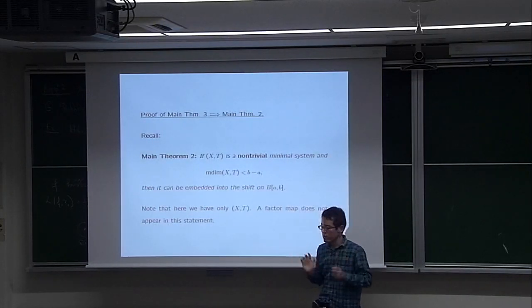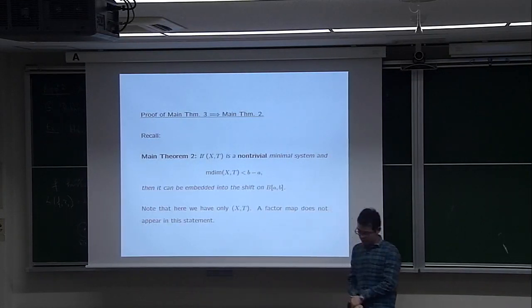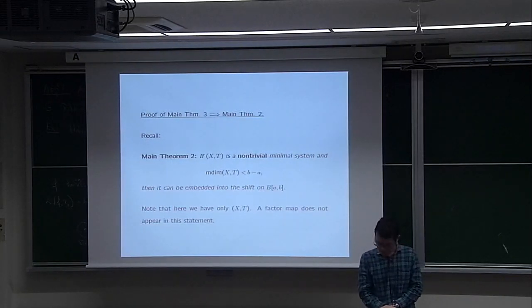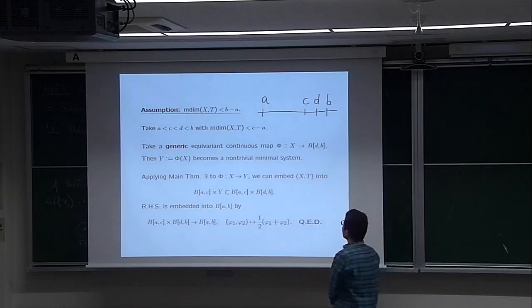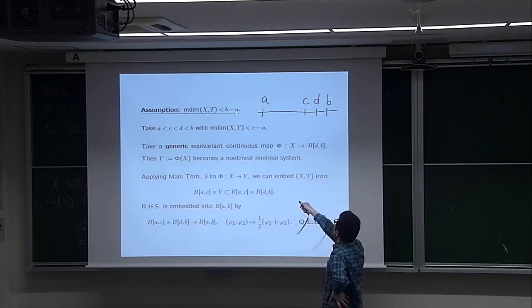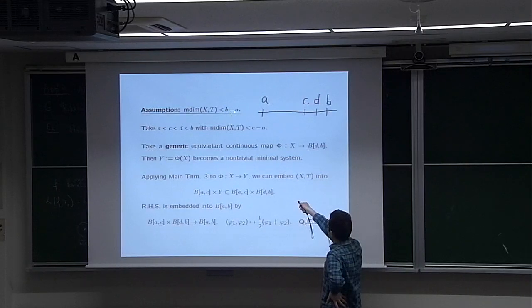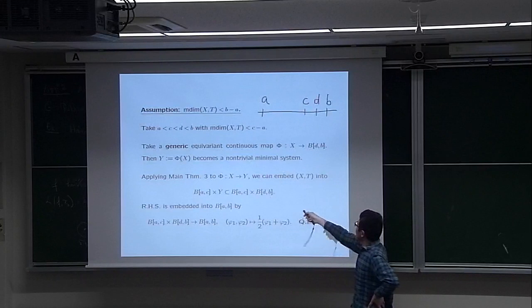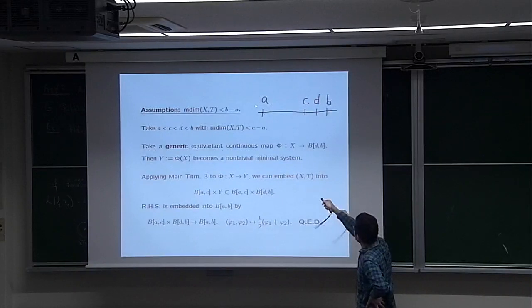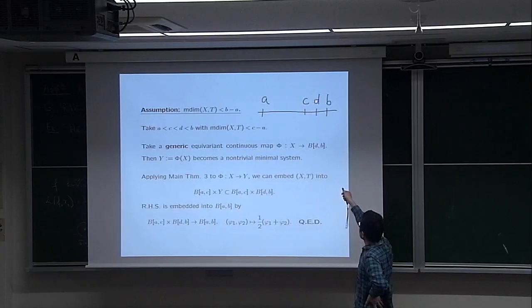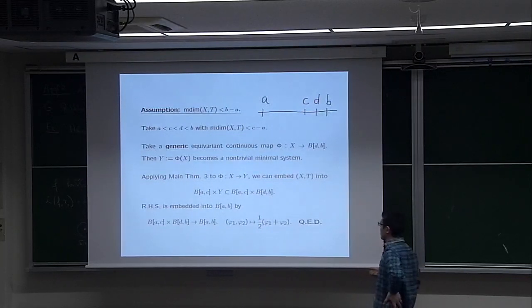We have only X. So here is the assumption. The mean dimension is smaller than the bandwidth, and this is the picture, the interval between A and B. First, we take real numbers C and D such that the length between A and C is greater than the mean dimension. So these C and D are very close to B.